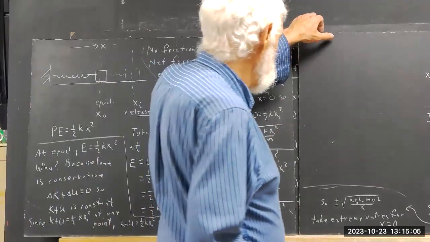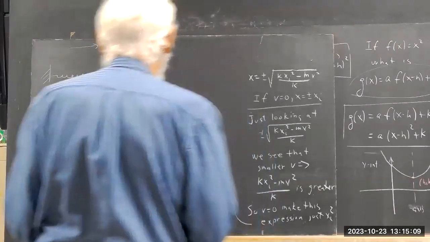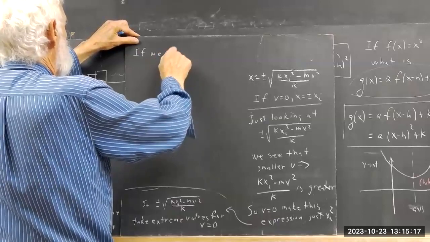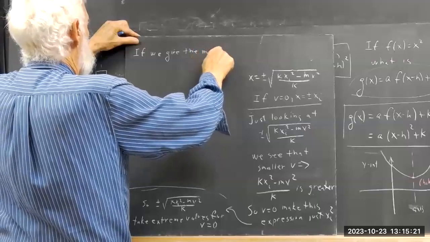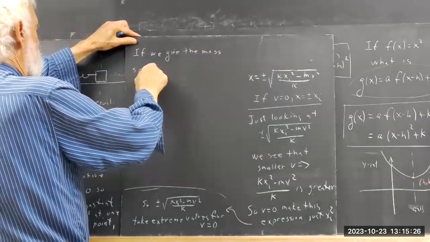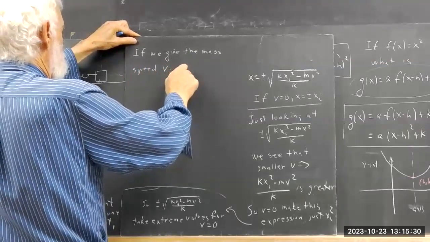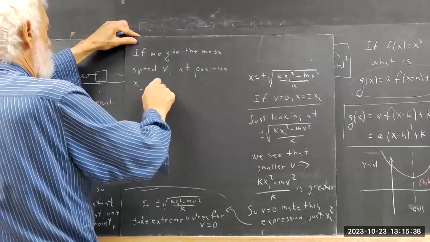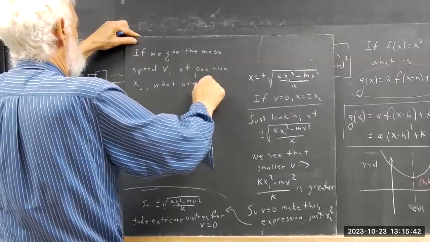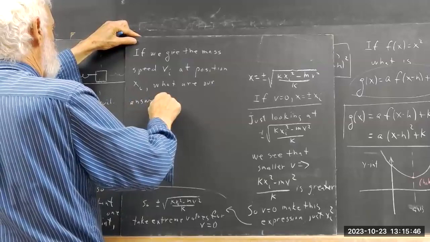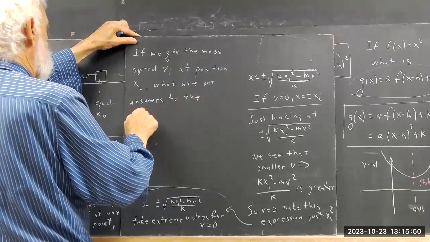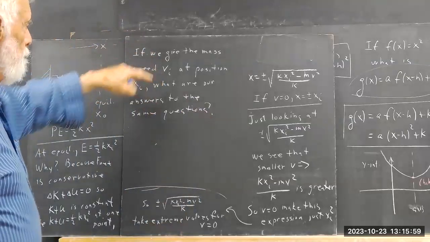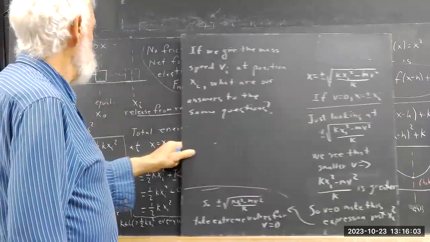Now, I want to pose the question. Given a thing of speed vi, position xi, what are our answers to the same questions we posed here?